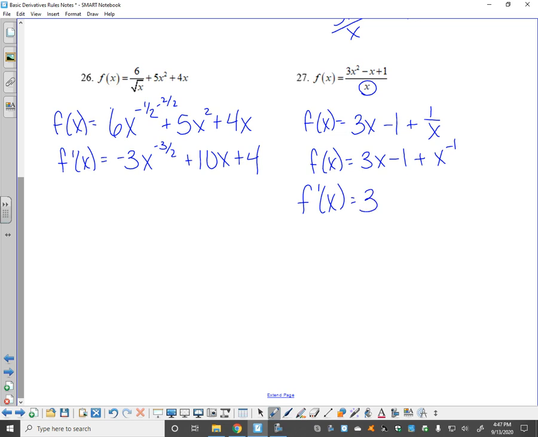Constant goes to 0. And for this guy, pull the power down and subtract 1 from your power, which, if they wanted to, could do this. Oh, but they could also do this. And that's getting a common denominator.